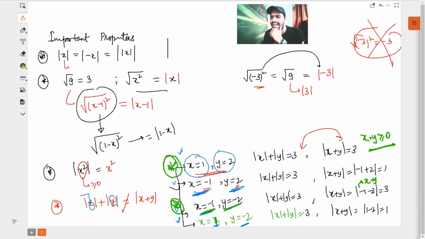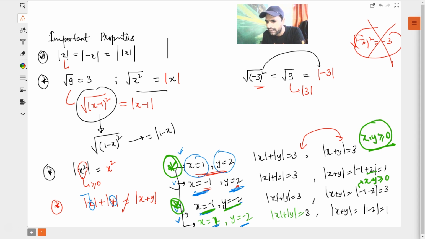Will it be positive again or not? If I multiply -1 with -2, I'll get a positive 2, or not? Whenever I multiply two negative numbers, I always get a positive number. Everybody agree with me or not? This is the same thing which I have written over here.